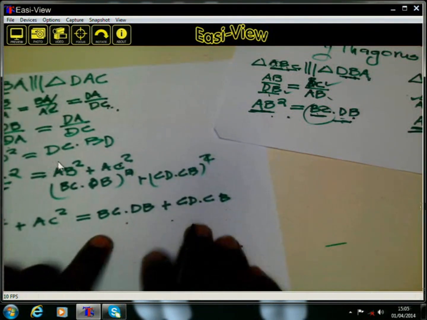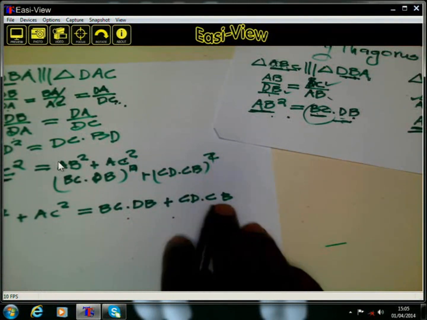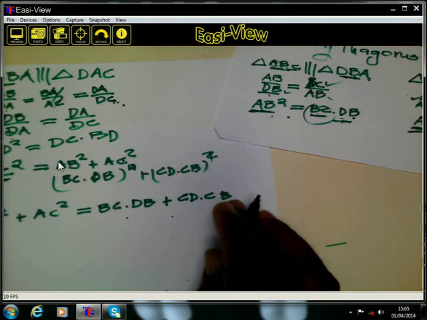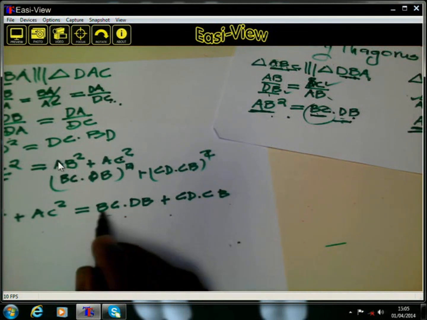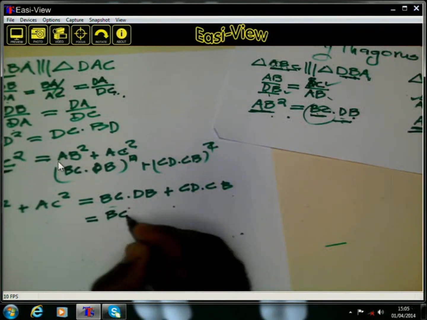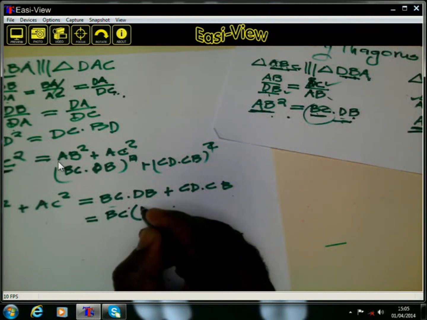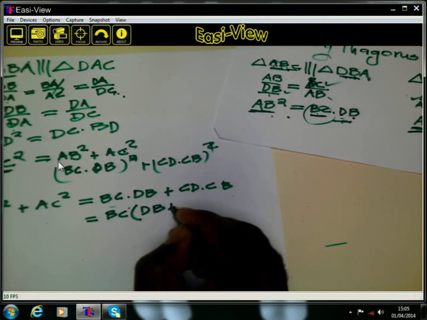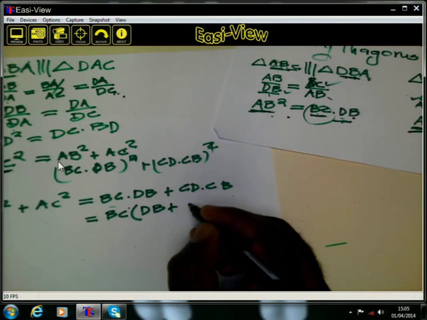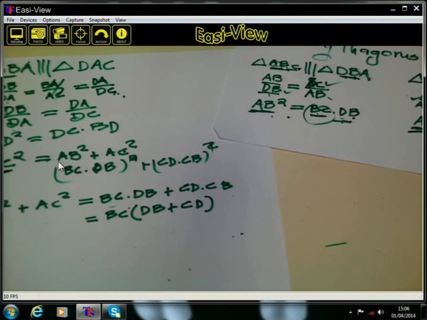Now, from this side, I can always relate to this as BC. CB can always be BC. From this, I can take out a common factor, which is going to be BC. Therefore, if I have my BC as a common factor, it's going to leave me with 1 multiplied by DB plus 1 multiplied by CD. That is the conclusion that I can draw.